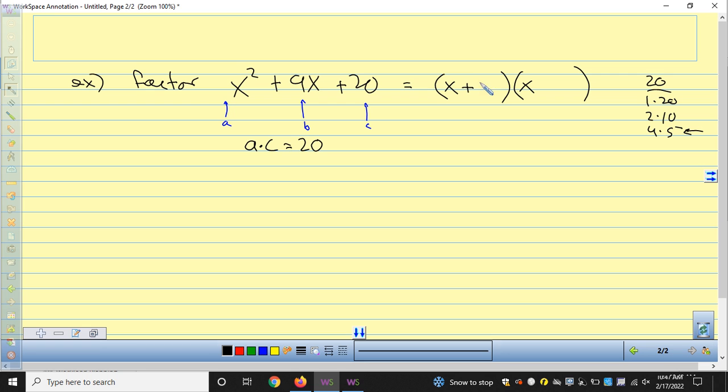So this is going to be a plus 4 and a plus 5. And our factor sheet is to help us with this part. So this is how I learned to do this. The cross and the box are just ways to help us organize this process of finding these numbers and putting them in the right place with the parentheses.